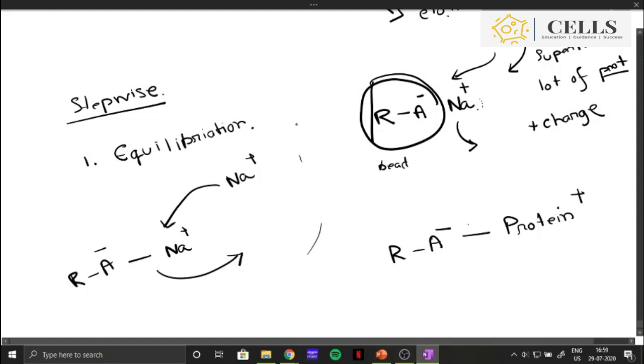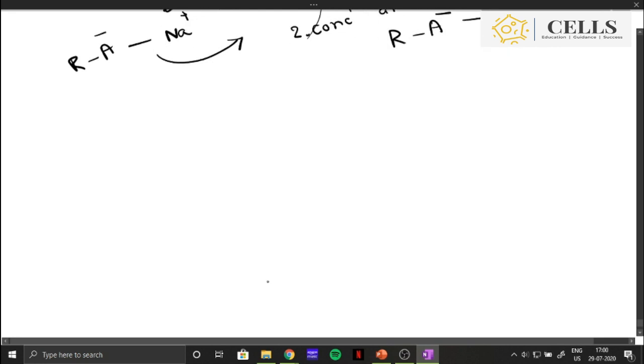But if you give a supernatant which has a large concentration of protein with a positive charge, number one reason, it has higher affinity. Number two reason, it is concentration abundance. So this protein comes and preferentially removes the Na and binds to it. Understood? Cool.